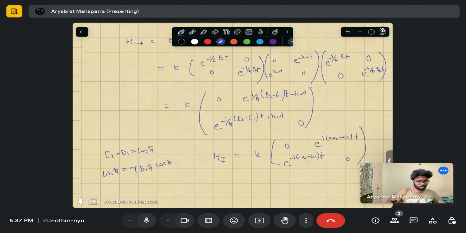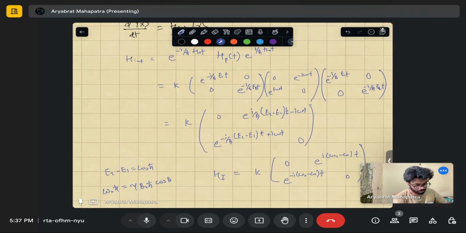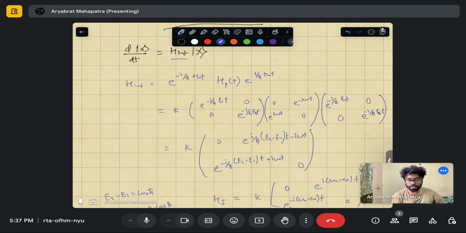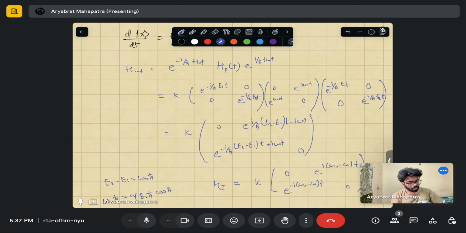So I haven't done anything very serious here. I have simply multiplied these three matrices, and earlier I was using E1 and E2 to be minus E1. Right now I'm just keeping everything as E2 in this evolution operator, this matrix exponential.